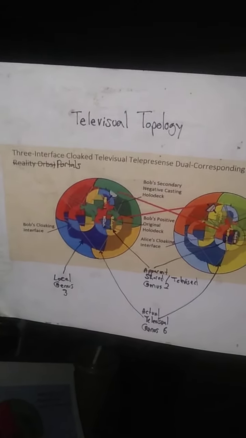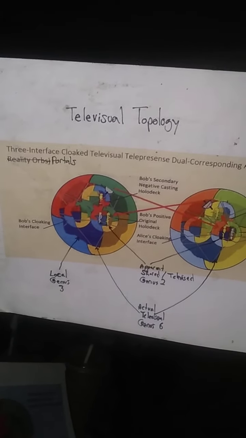Maybe I'm not showing that right. These pair of dual corresponding portals, and this televisual topology, I sort of call it, and it's color coded, but it just shows a schematic of the holodecks and the secondary holodecks and the cloaking interface, and this is just the best image that I like, even though it has the third interface hidden.